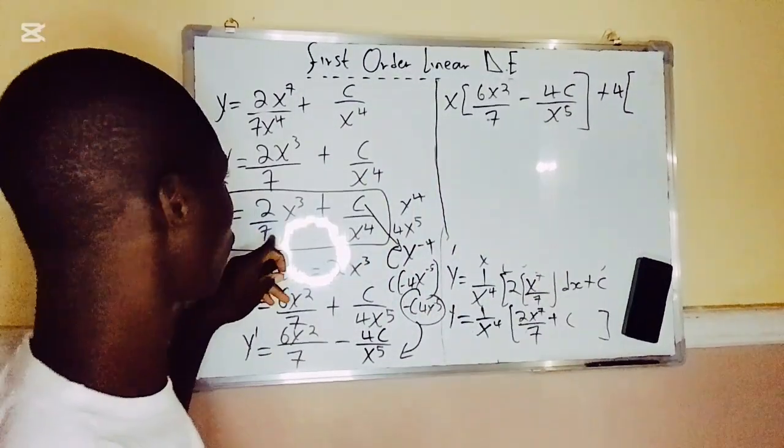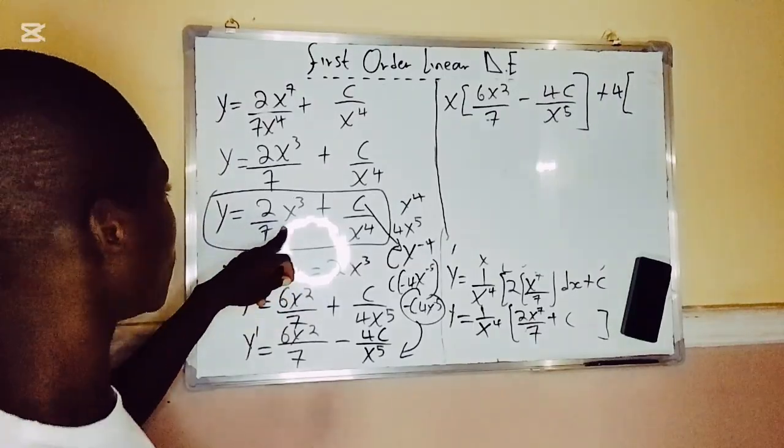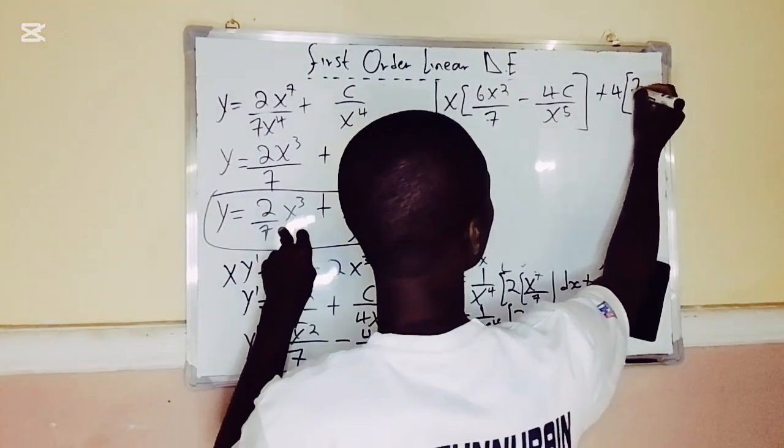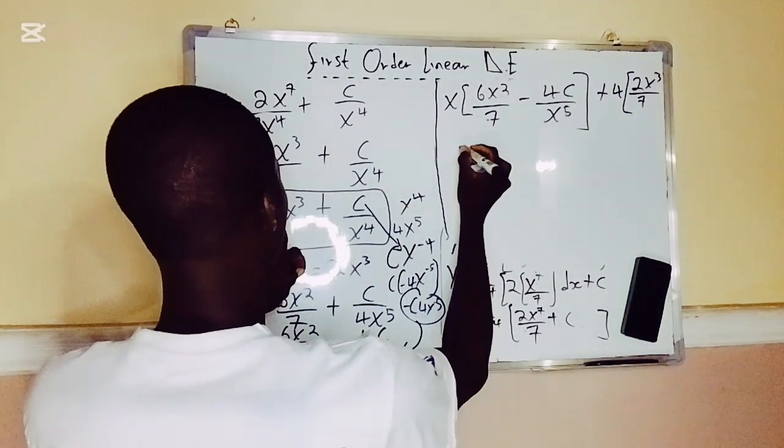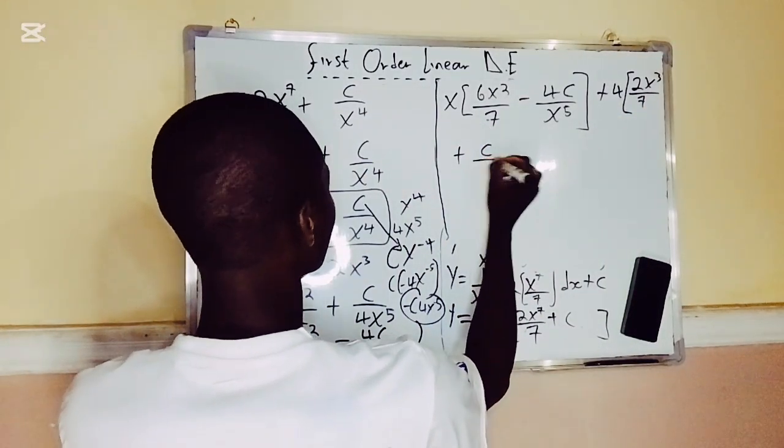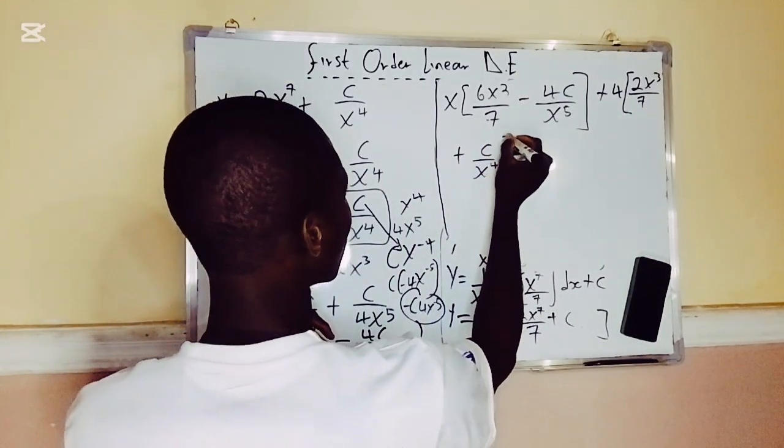So again, what is the value of y? The value of y is the same thing, 2x cubed divided by 7 plus c divided by x raised to the power of 4.